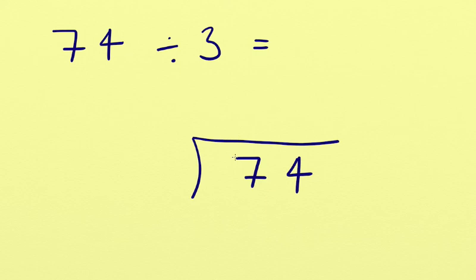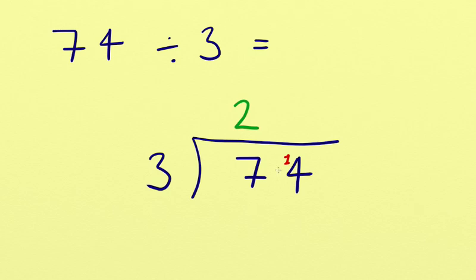So 74, how many 3's go into 74? So how many 3's go into 7 first of all? Well, 3 goes into 7 twice, that equals 6, and the difference between 6 and 7 is 1. So we're going to write I carried 1 over here. So that's now become 14.